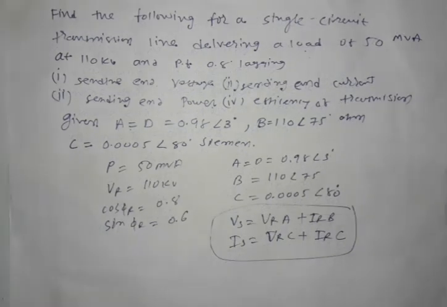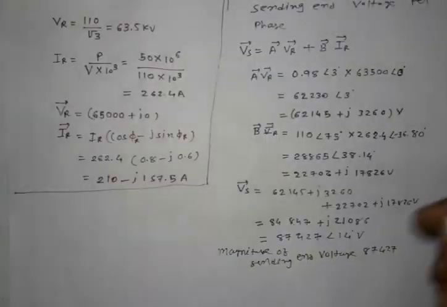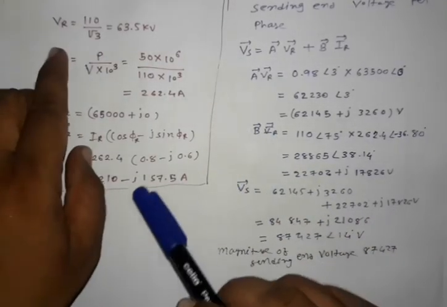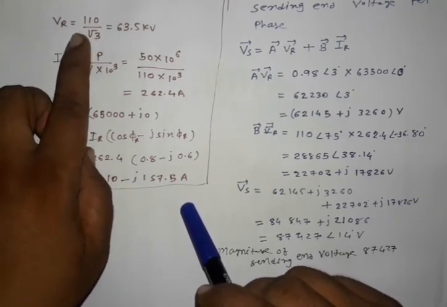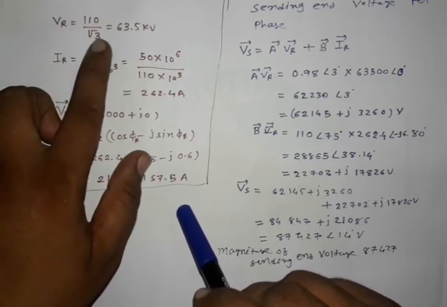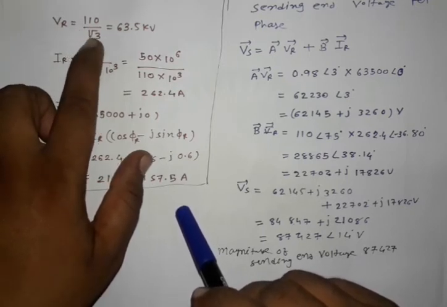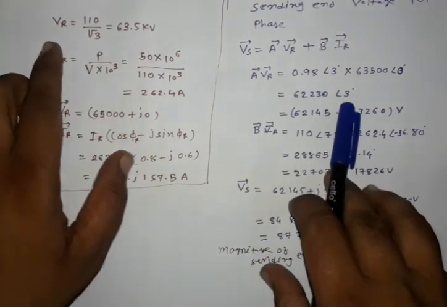First we find the sending end voltage. The voltage VR given in our data is 110 kilovolt; we divide by root 3 to get the phase value. So 110 divided by root 3, we get 63.5 kilovolt phase value for VR.